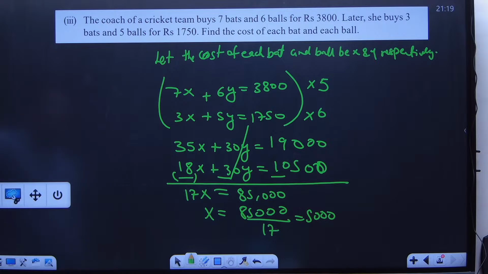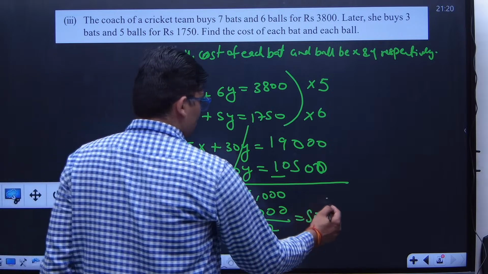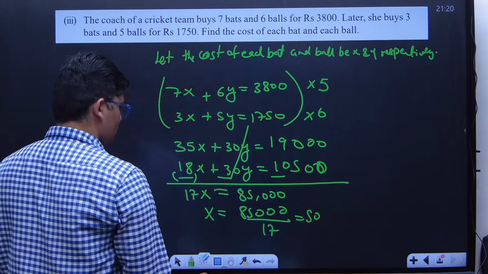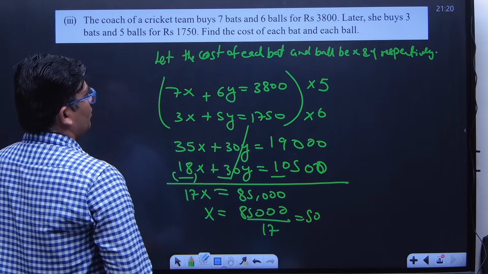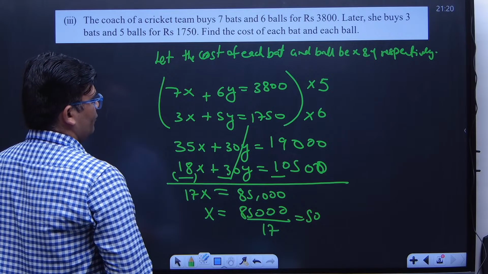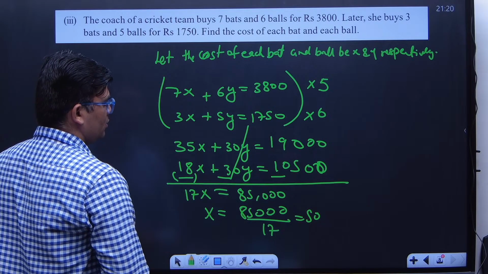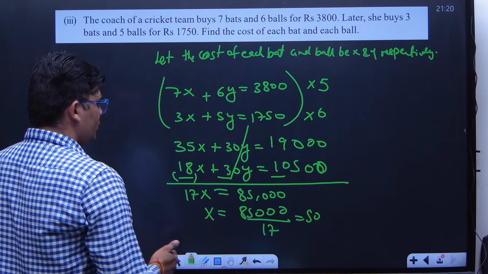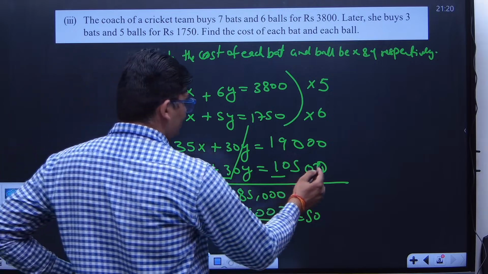So it is 5000. 5. Are you getting it? No, I think we have some mistake. It should be 500. It was 19,000 and it was 10,500.